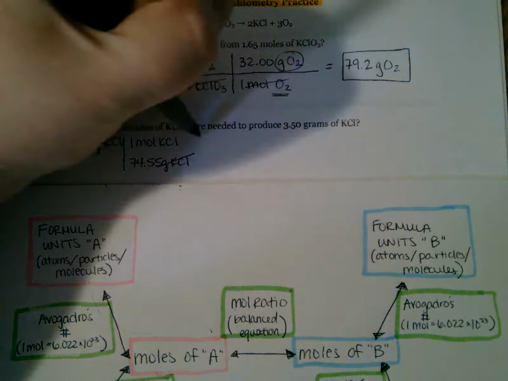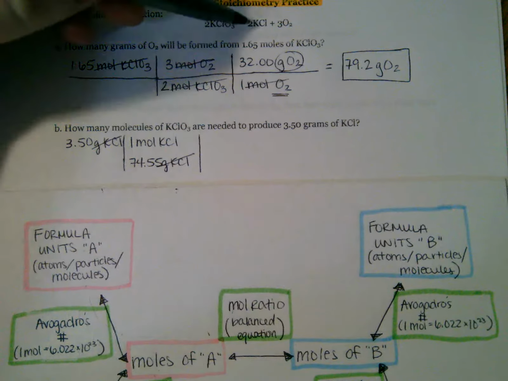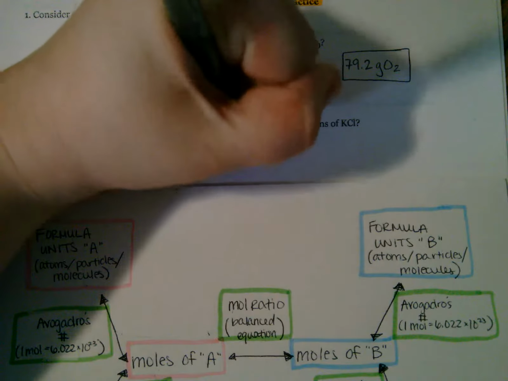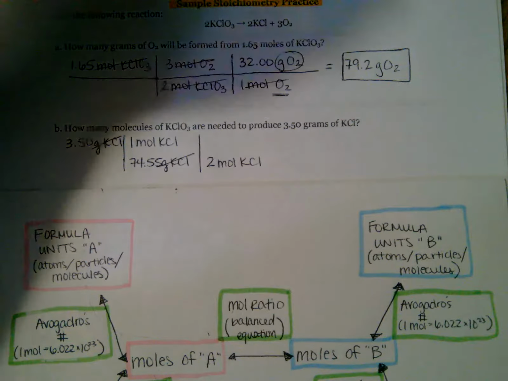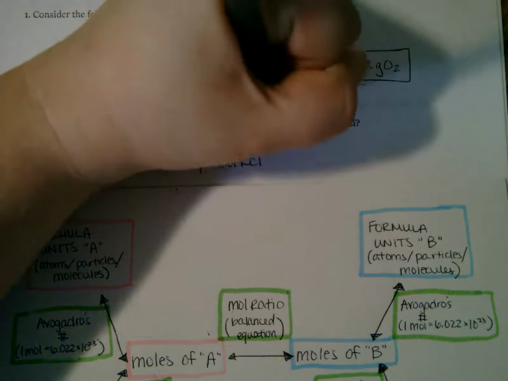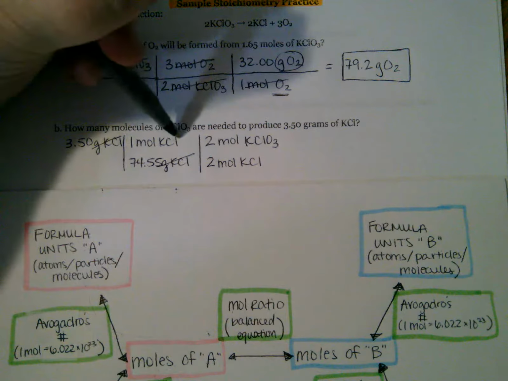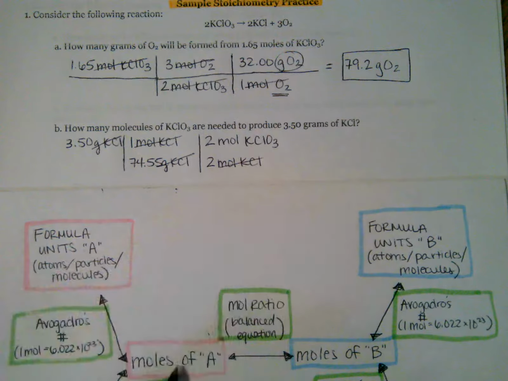I'm going to put moles of potassium chloride on the bottom, 2 moles of potassium chloride comes from 2 moles of potassium chlorate. So when we use this mole ratio, we're doing that to get rid of moles of potassium chloride and move on to moles of potassium chlorate.